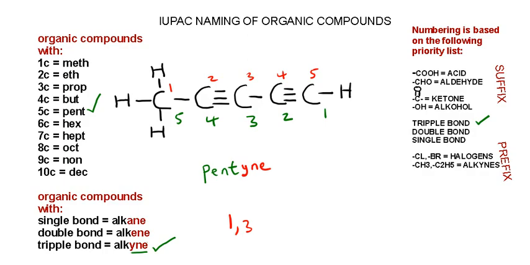Now, since we have 2 double bonds here, 1, 2, it's going to be what? Di. So we have it as di. You see that now? So the name of this compound will now be pent-1,3-diene.